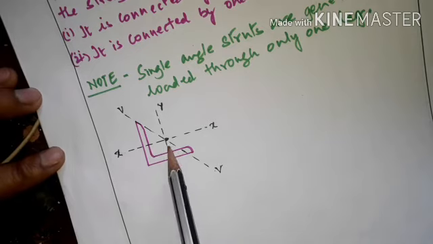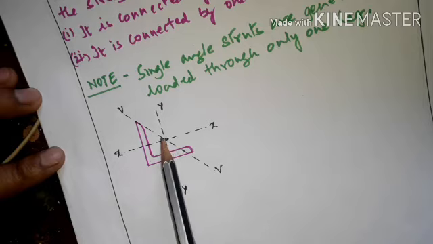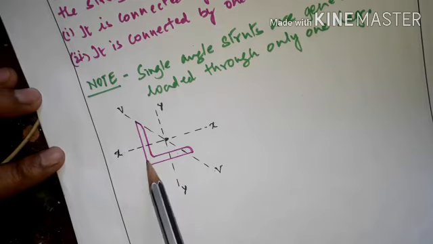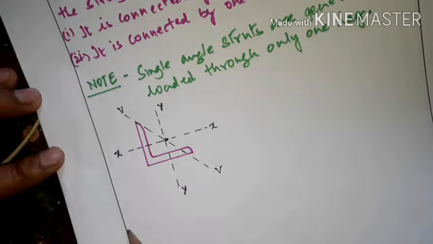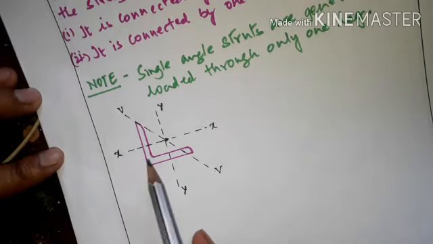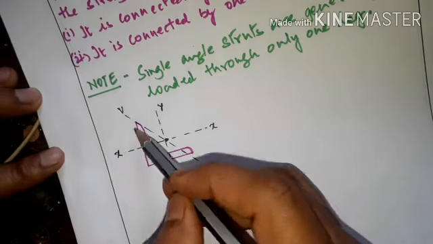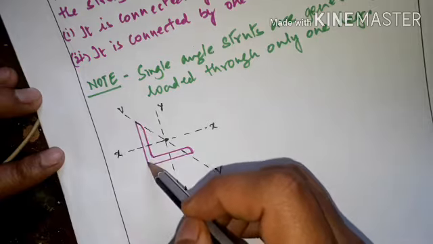But in this case we cannot apply force through the centroidal axis because it is away from the member. We have to apply the force through this leg or through this leg. Means we have to connect this member to the gusset plate, to this leg or to this leg. We have to attach this angle section to the gusset plate by connecting one of these legs.